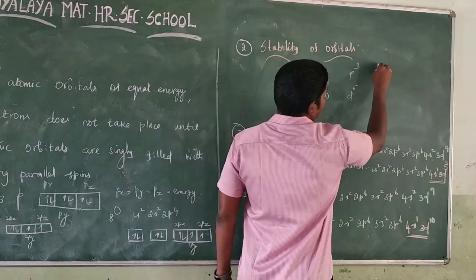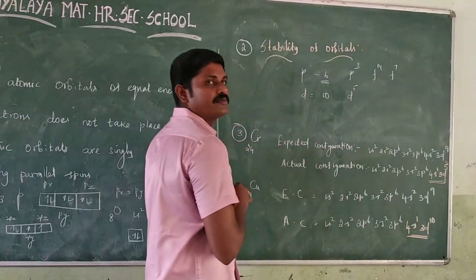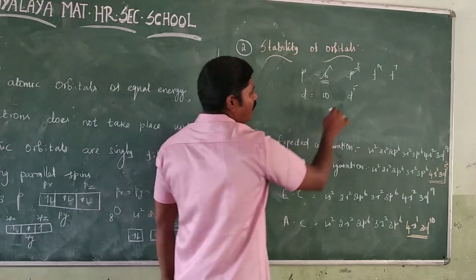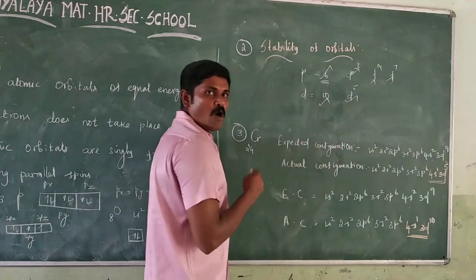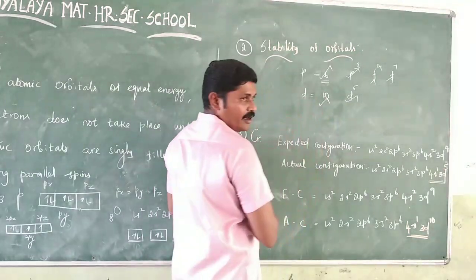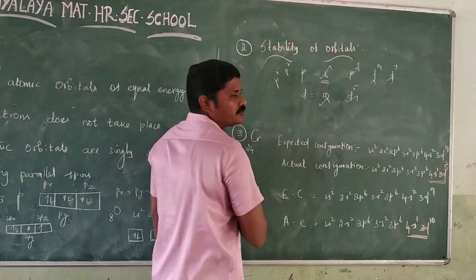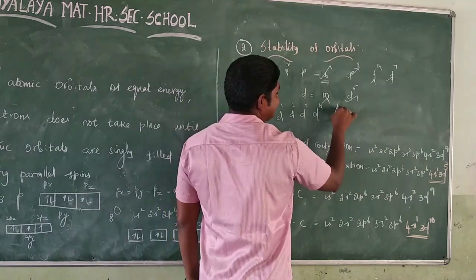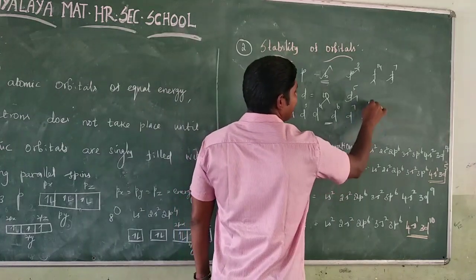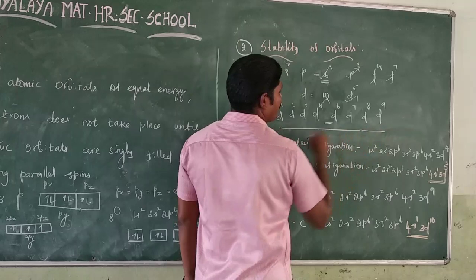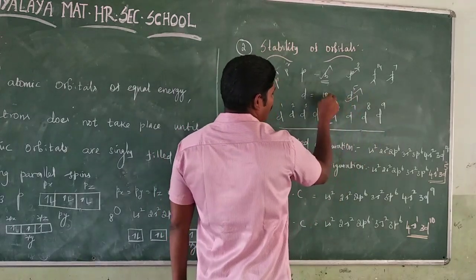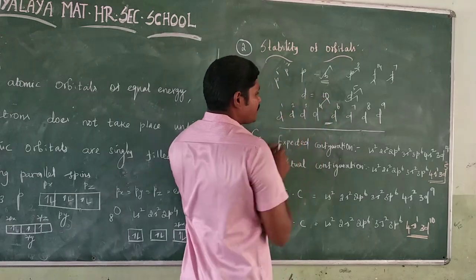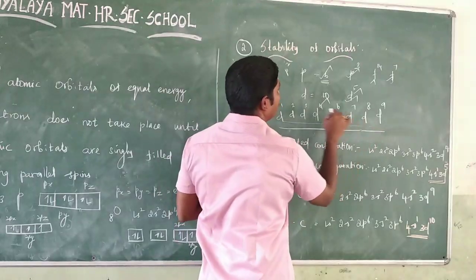The f orbital has 14 electrons, half filled is f7. So half-filled and fully filled orbitals are more stable than partially filled orbitals, such as p1, p2, d1, d2, d3, d4, d6, d7, d8, d9.